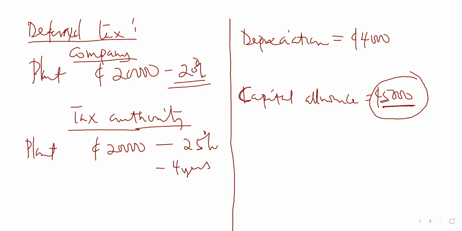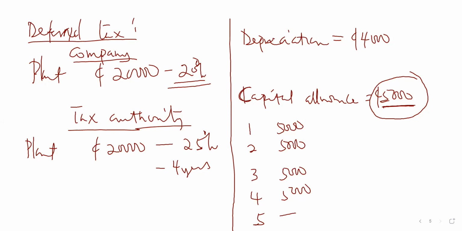In the 5th year, the capital allowance will be given like this: year 1 will be 5,000, year 2 will be 5,000, year 3 will be 5,000, and year 4 will be 5,000. Year 5, it will be dashed. Whilst the company will be thinking that they are still going to have 5,000 at the end and get capital allowance on it.